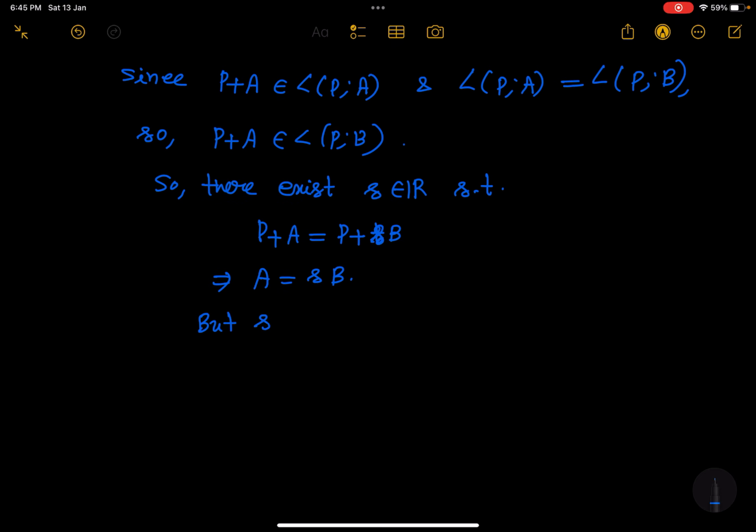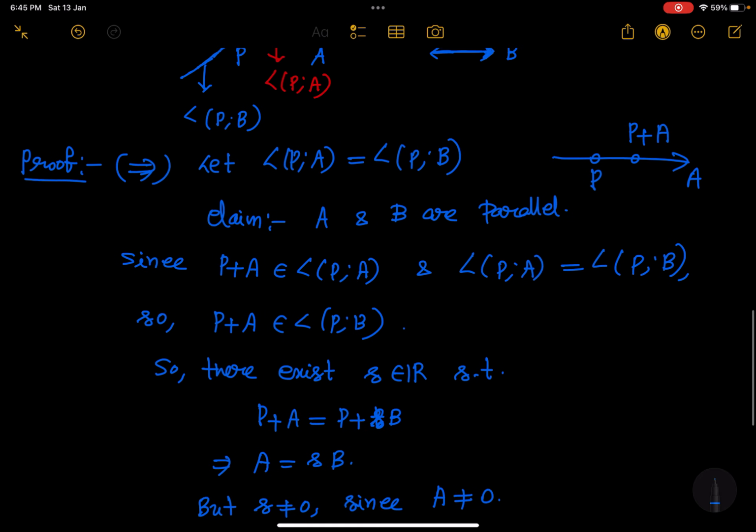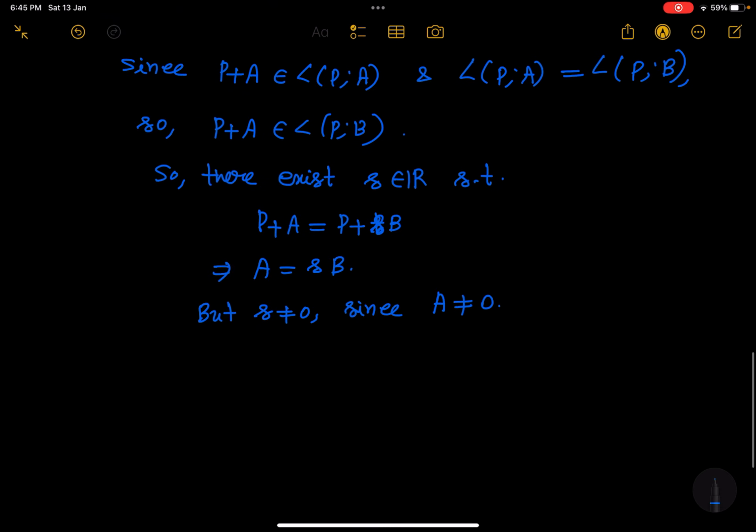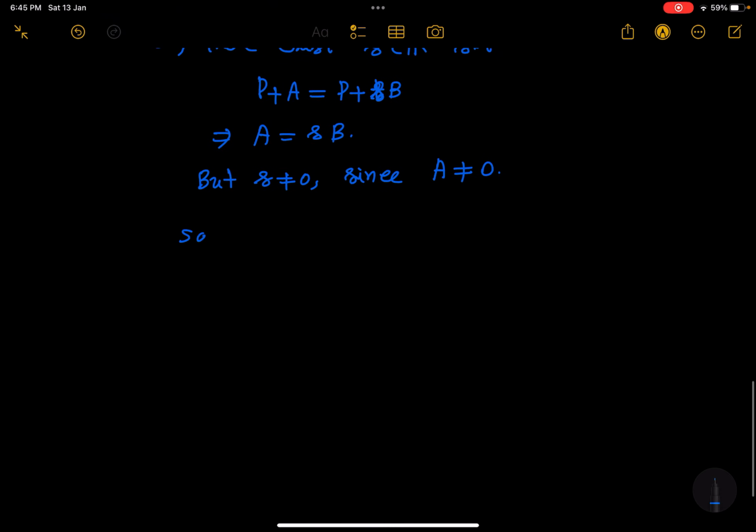But S is not equal to 0 since capital A is a non-zero vector, right? Because when you define a straight line, A and B are assumed to be non-zero vectors. So A and B are parallel.